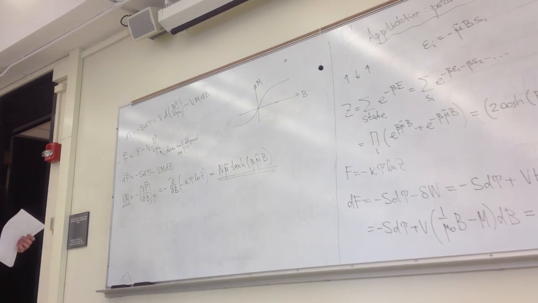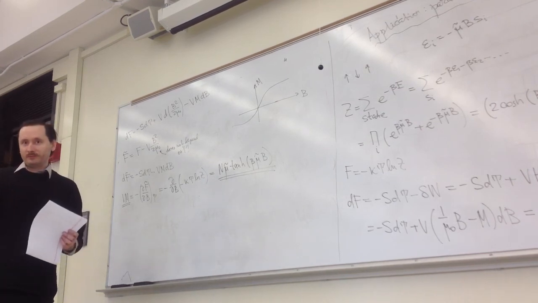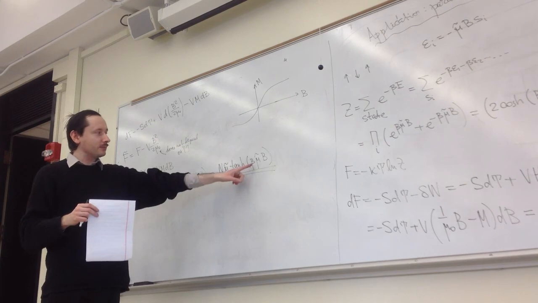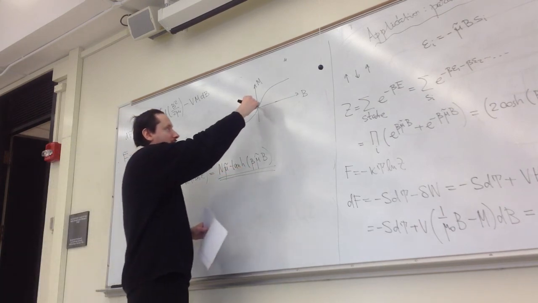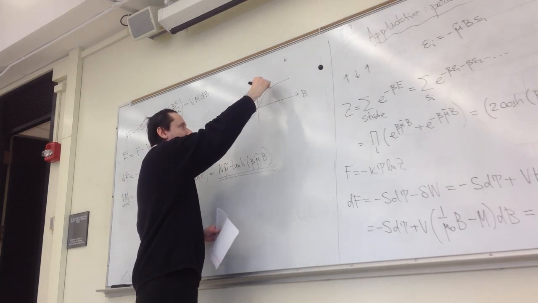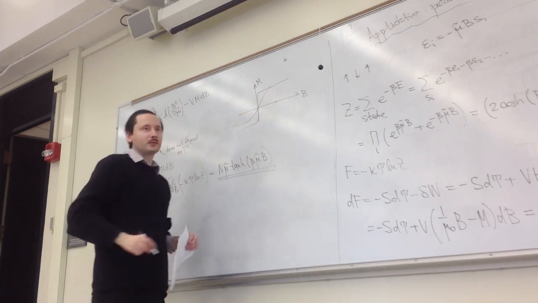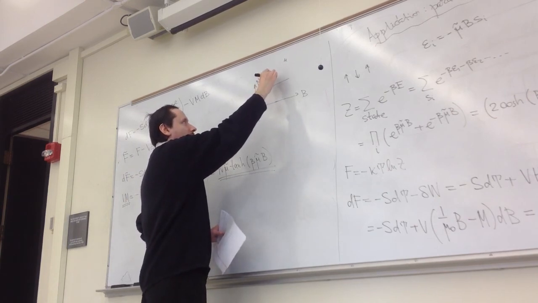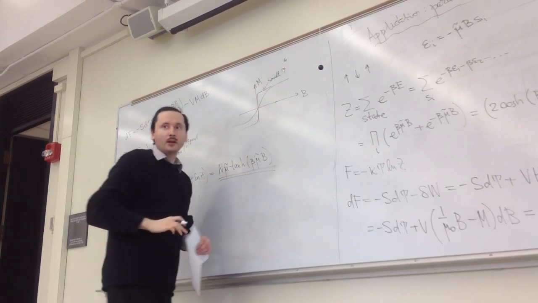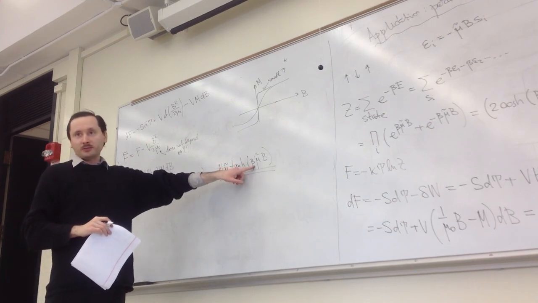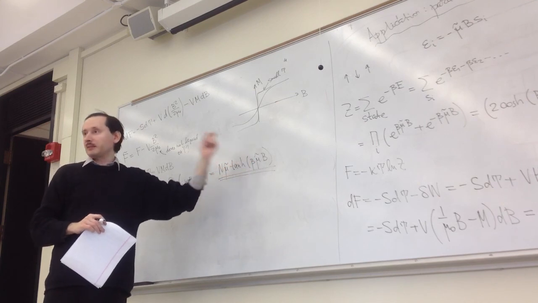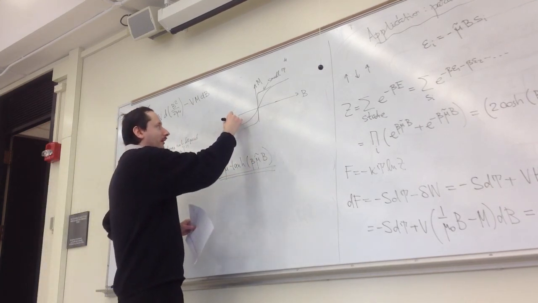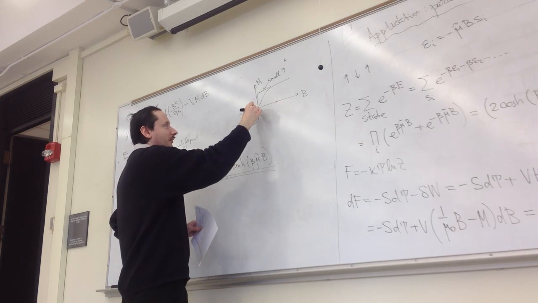So what happens if I change temperature? Suppose my temperature is very, very small. Then beta is enormous, which means that this graph is almost vertical. So this is small T. On the other hand, if my temperature is large, it means that beta is small, so my function is tiny.